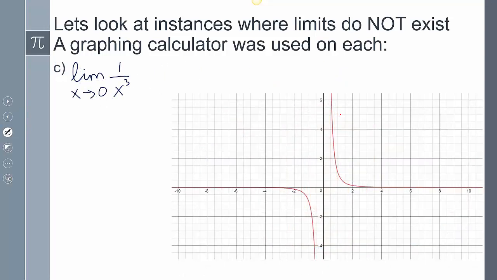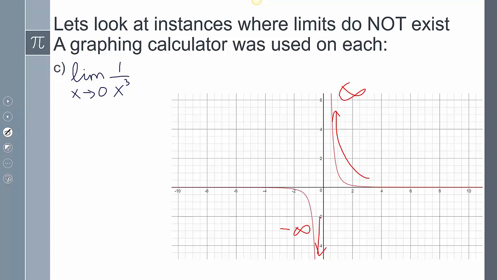Now this is going to be weird, but we also need to understand this when we look at asymptotes. Now notice, as x approaches 0 from the left hand, it's going to go to negative infinity, right? It's going down forever. As it approaches from the right, it's going up, so it's going to go to positive infinity. Now, yes, the limit is approaching infinity, but infinity is not a defined value.